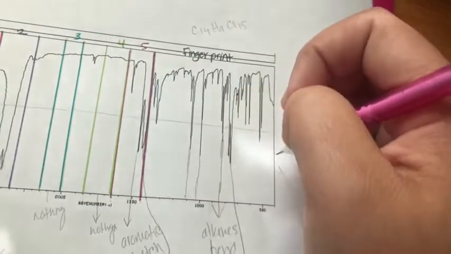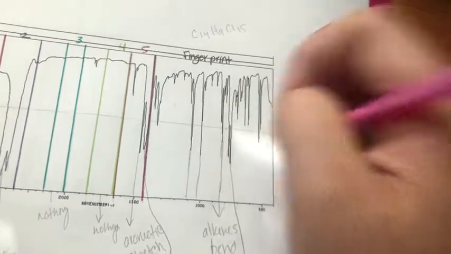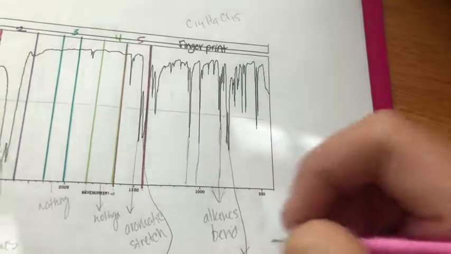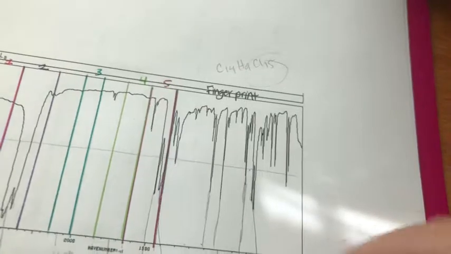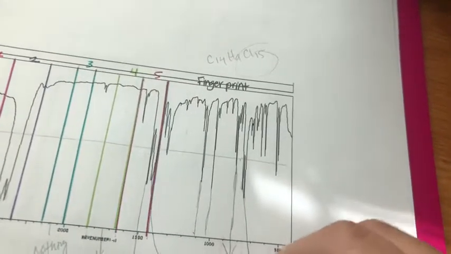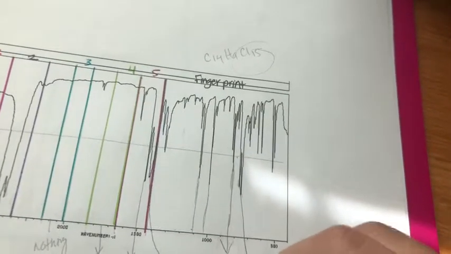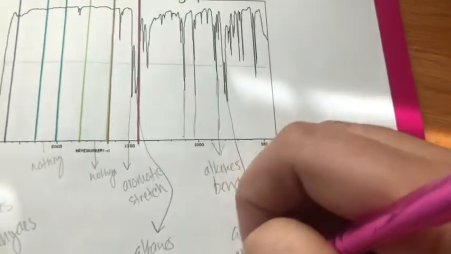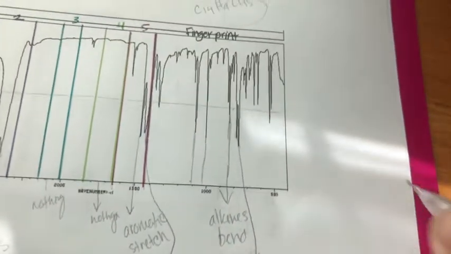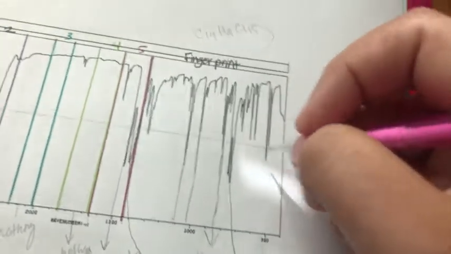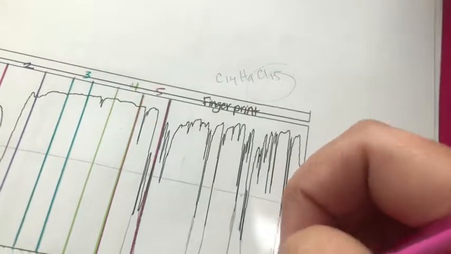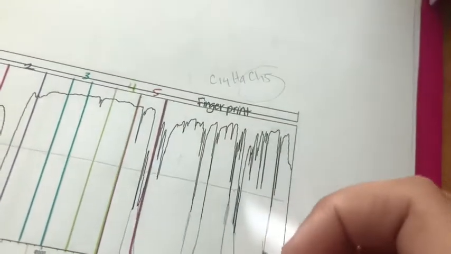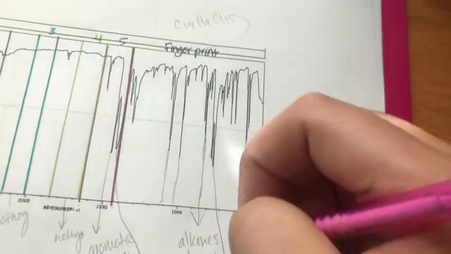Anything between 850 and 500 is an alkyl chloride stretch, which matches with our compound. We have chlorine. And then we look at this peak. It also, in addition to being an indicator of an alkyl chloride stretch, is an indicator of an alkene bond.